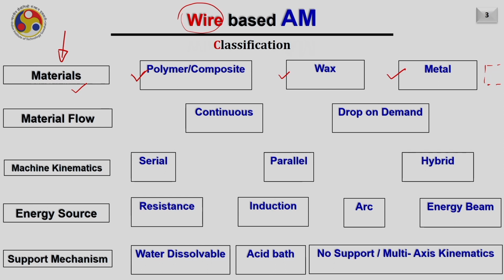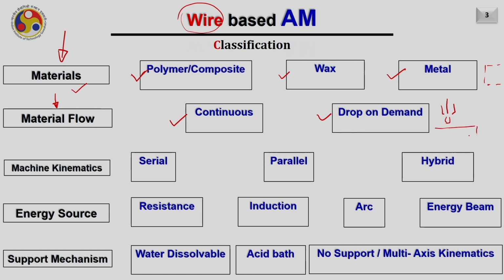Now, the next is in what way we are transferring the material, whether it is a continuous transfer of the material or that material is getting transferred onto the substrate based on the demand, meaning to say drop on demand. So, for example, the wire is coming and it is getting melted somehow in a liquefier, and then it is generating the drops.